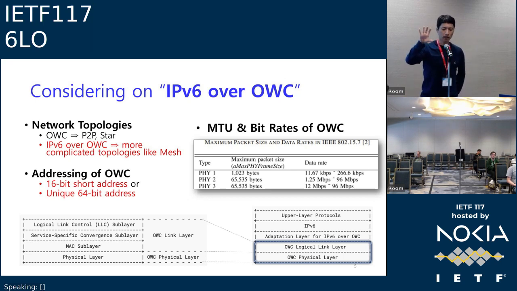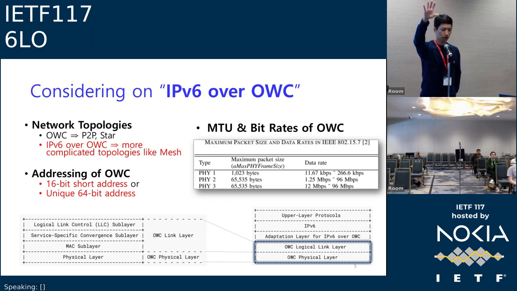PHY 1 is 1023 bytes, which is smaller than the IPv6 MTU, so fragmentation and reassembly will be required. Then the other two are bigger than the IPv6 MTU, so there's no fragmentation.